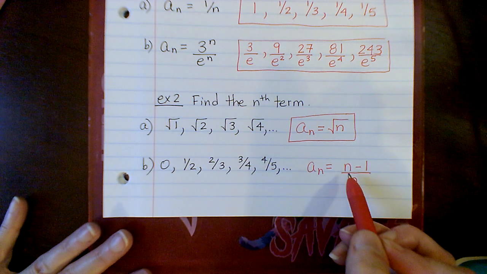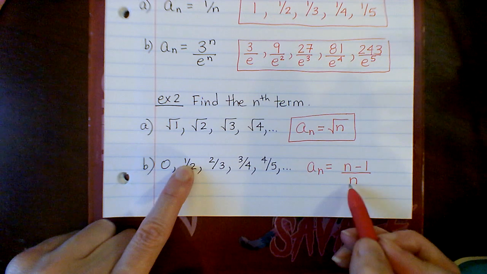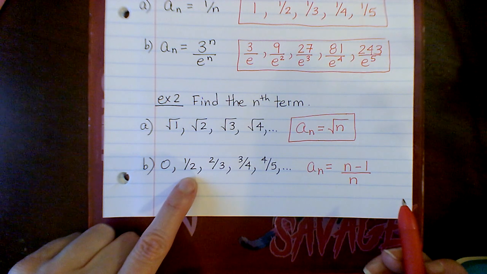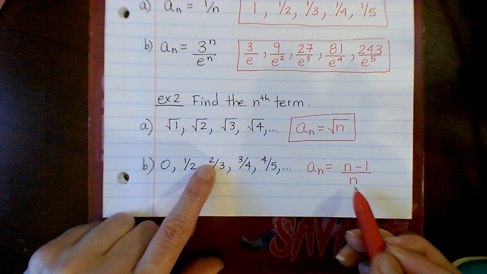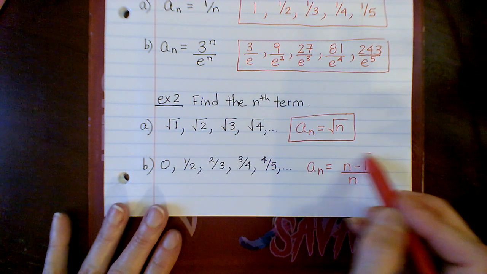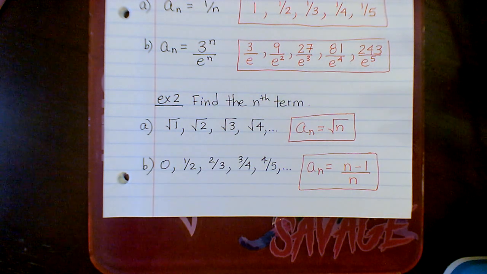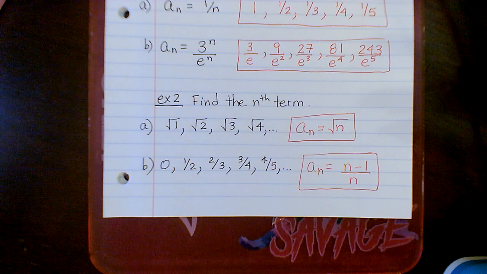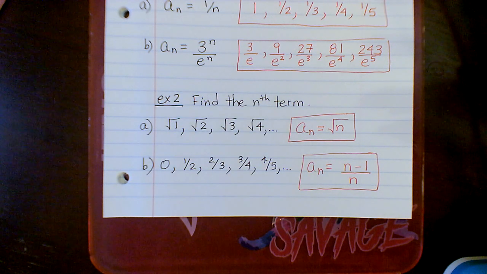If I plug in 2, I get 2 minus 1 is 1 over 2. If I plug in 3, I get 3 minus 1, which is 2 over 3. So there's a certain amount of guess and check that goes with these, but there's also just looking for some familiar patterns.